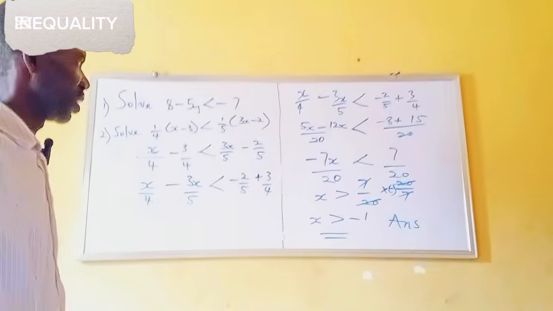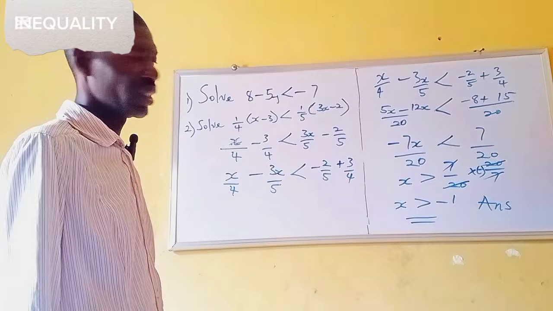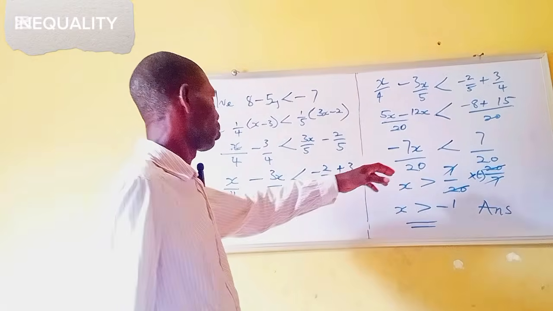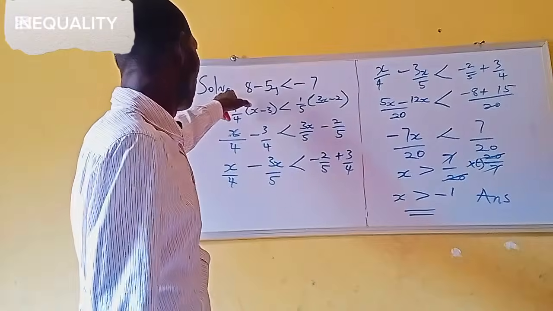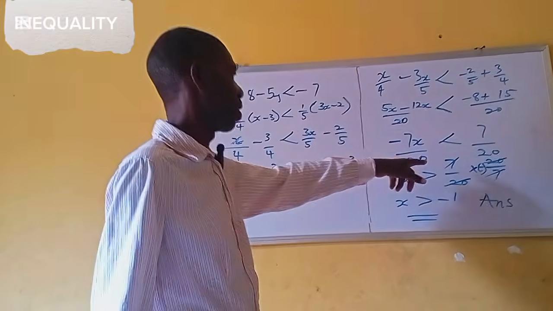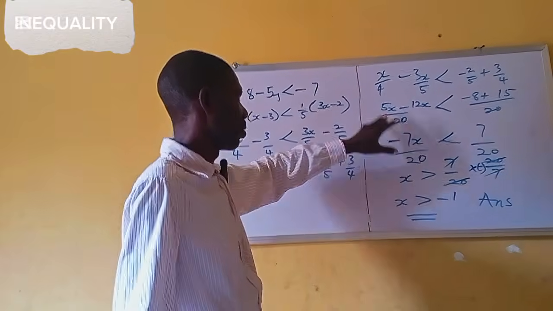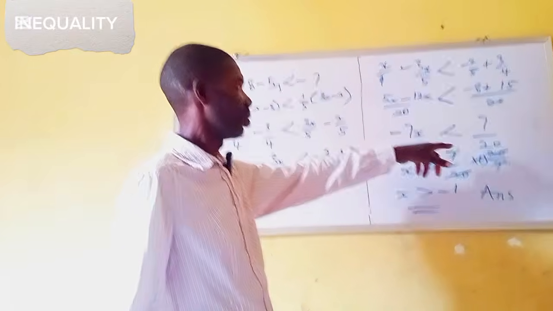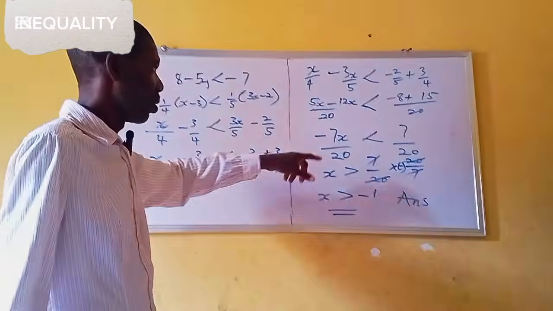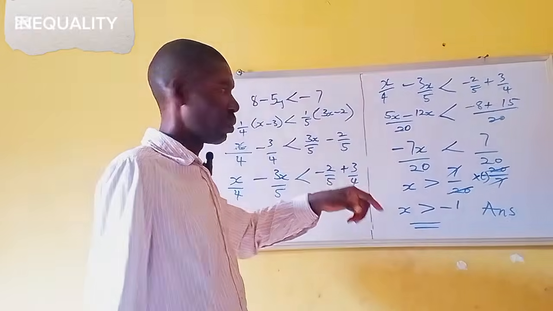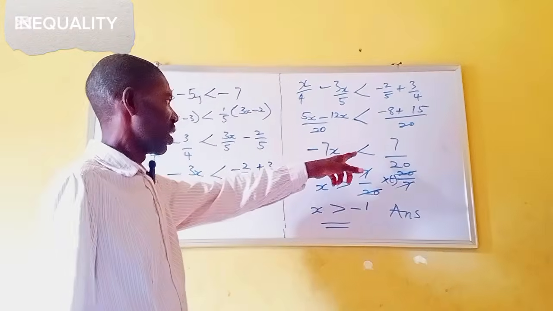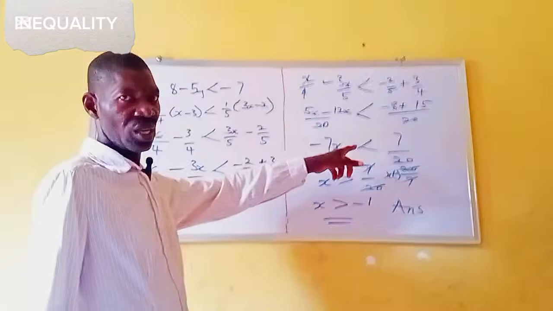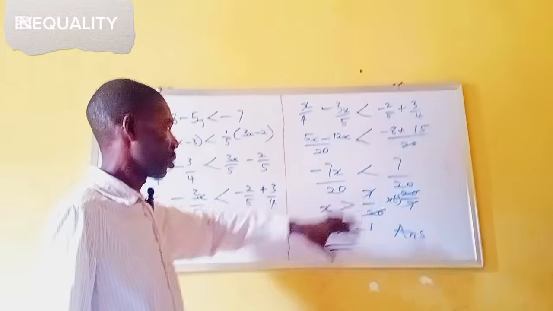When you are dividing with a negative number, you reverse the inequality sign. That is what we just did in our first equation and the second equation. When we solve it, we arrive at a negative number by which we are going to divide. So that is what we just did.